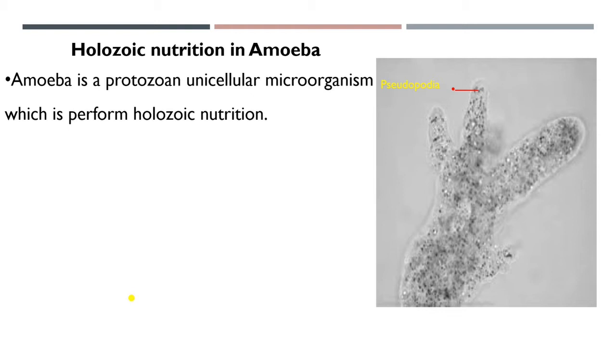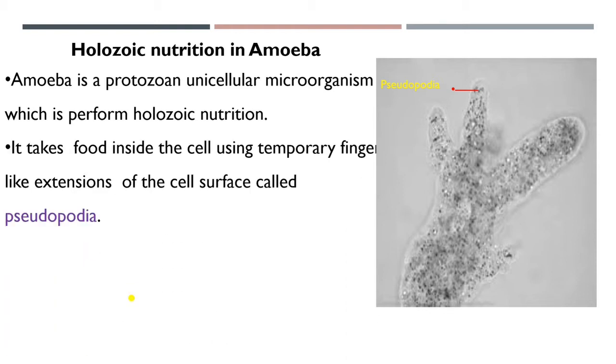Special structures are called pseudopodia. They are formed whenever required to intake the food or whenever the amoeba moves from one place to another. Pseudopodia are temporary finger-like extensions formed from the cell surface.